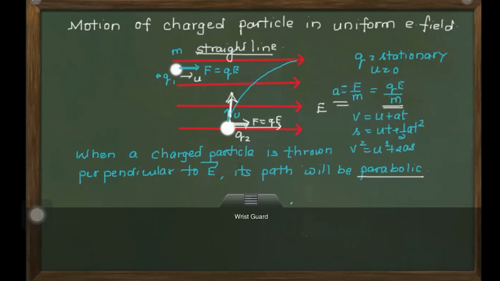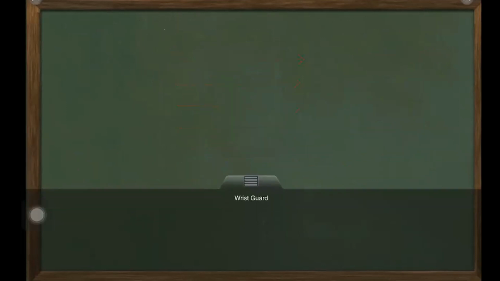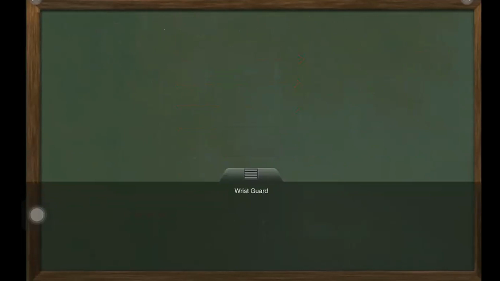So the NCERT book, if you don't have it, you can download it directly. There is one mobile portal of CBSE, that is ePathshala. So download this app on your mobile.